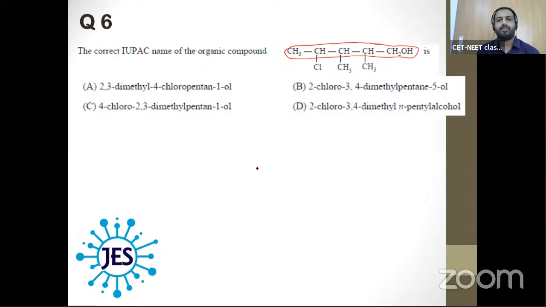Now let me rewrite it. 1, 2, 3, 4, 5 and OH. I am only writing the carbon skeleton. You should not waste time rewriting structures in the exam.